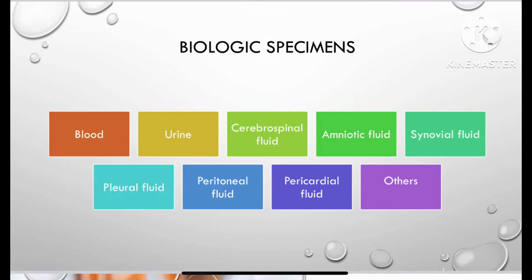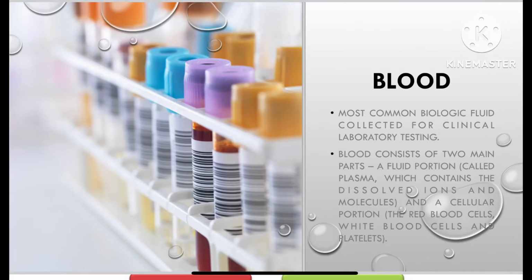Aside from the analytes, so we're already acquainted with the different analytes that we measure in the laboratory. We also have the different biologic specimens to use in order for us to test for those different analytes. Let's discuss these different biologic specimens one by one. The most common biologic fluid collected for clinical laboratory testing is blood.